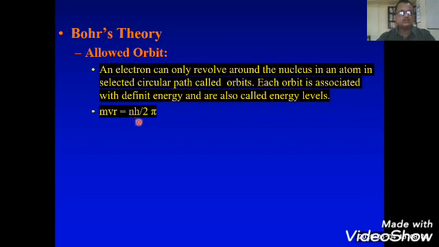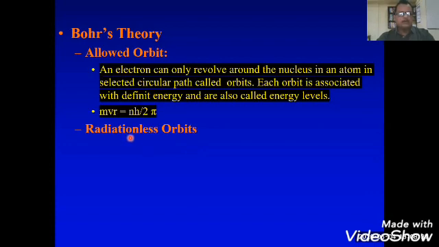When n is equal to 2, it is the second orbit. When n is equal to 3, it is the third orbit. And if n is a fraction, then that circular path cannot be called an orbit. So for an orbit, n must have an integral value. It must have value 1, 2, 3, 4, etc. n cannot be a fraction.